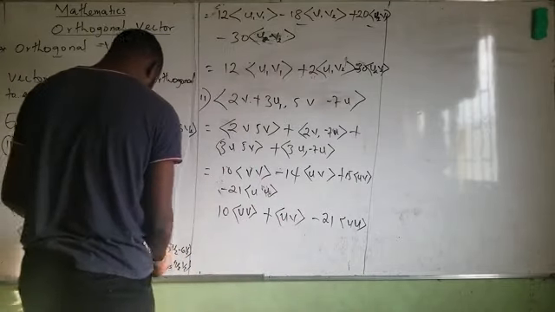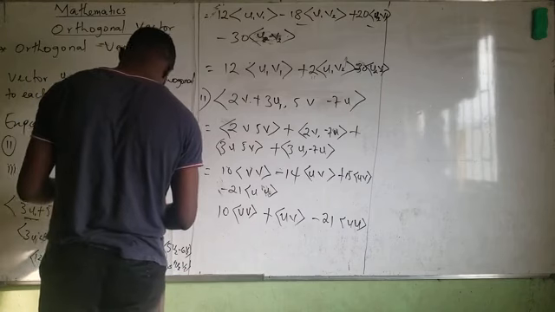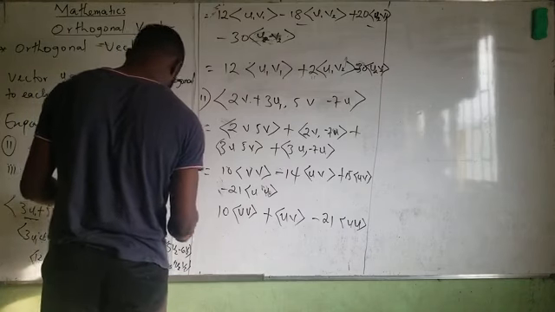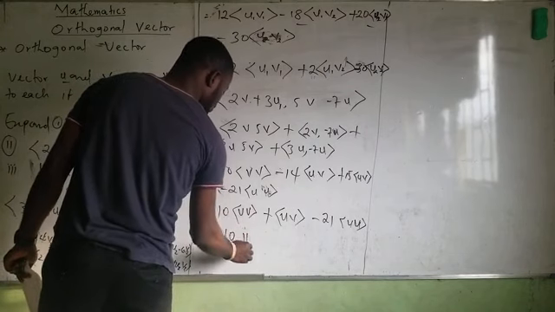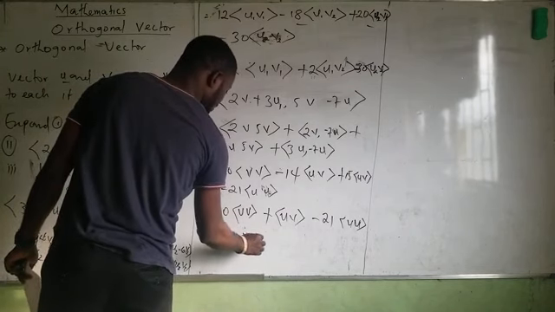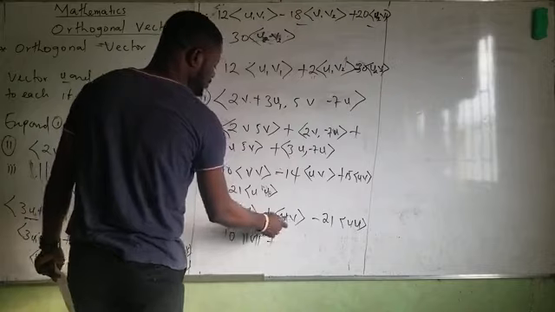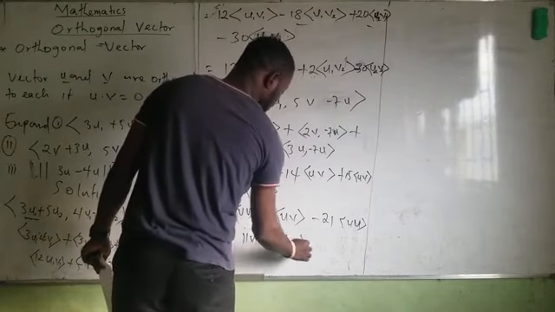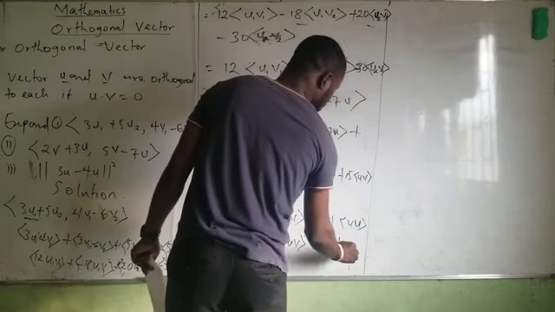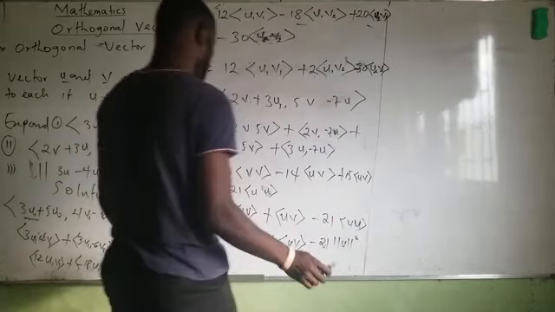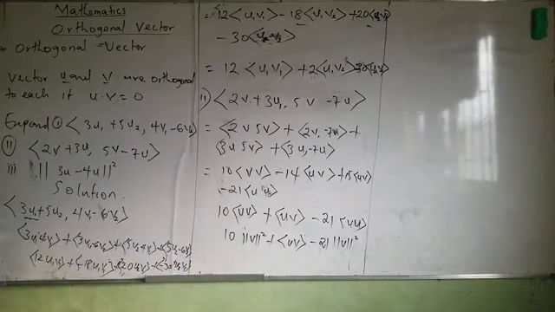It means it will surely give me 10 norms of v plus uv minus 21 norms of u. That is all. That is what I will be given, and that is all you are going to be getting there.